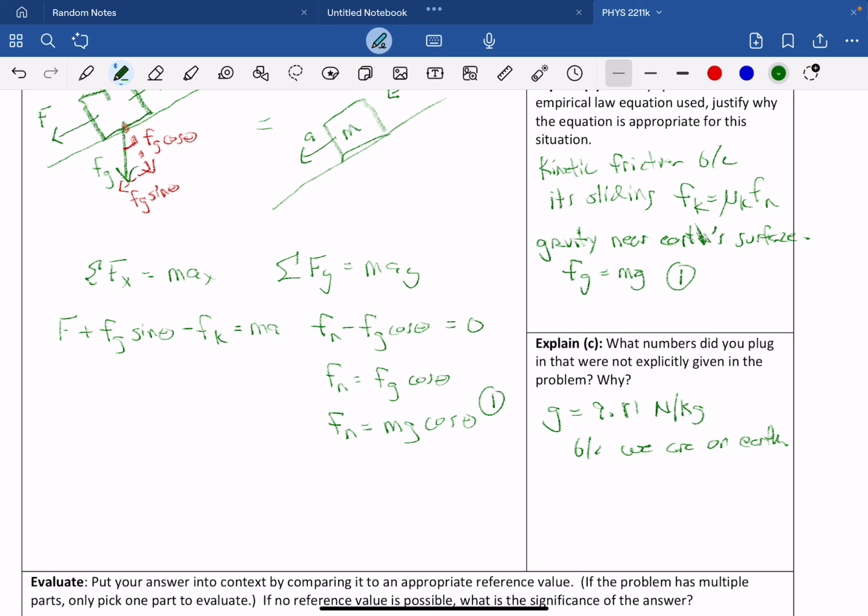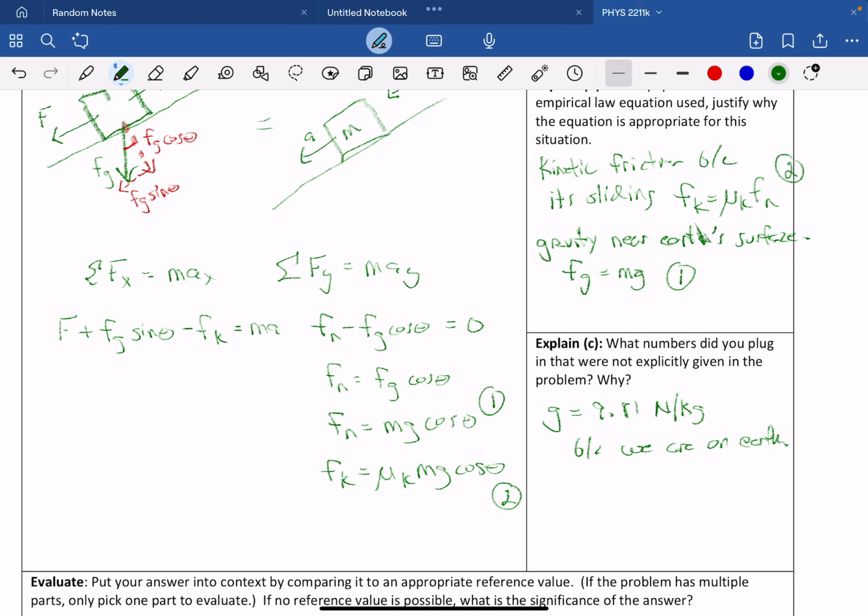And then in my next line, that means that my friction force is equal to mu sub k times the normal force, which is mg cosine theta, and that is where I used this equation. So I'm going to go ahead and mark that with a 2 so that it's easy for the grader to see where I was using those special case equations.